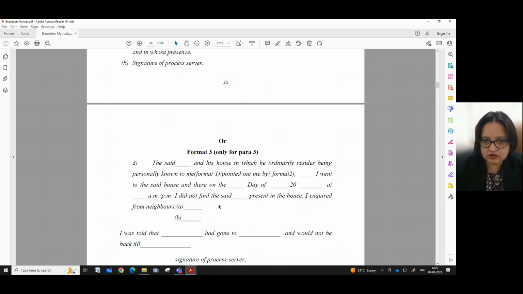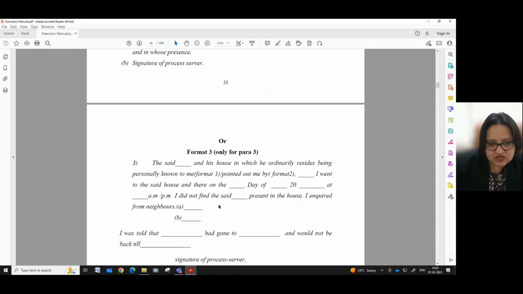Here in the dash, the process server has to write the name of the person to whom the summons are to be served upon. I inquired from neighbors A and B. So here the process server has to give the name of the neighbors from whom he had undertaken the inquiry.